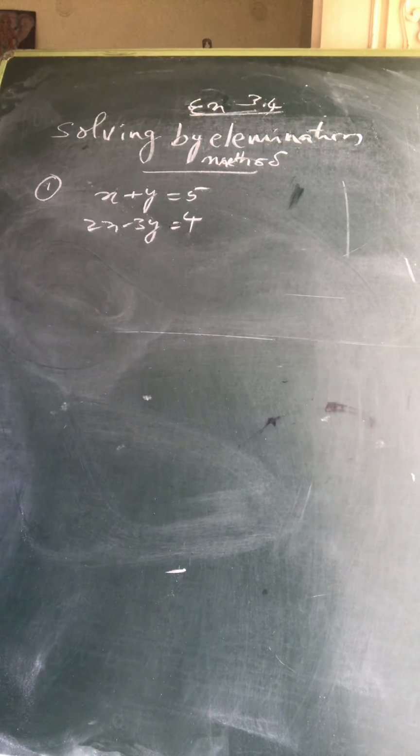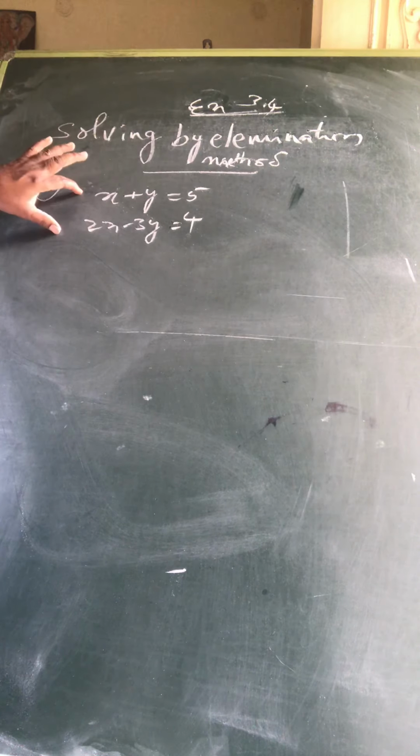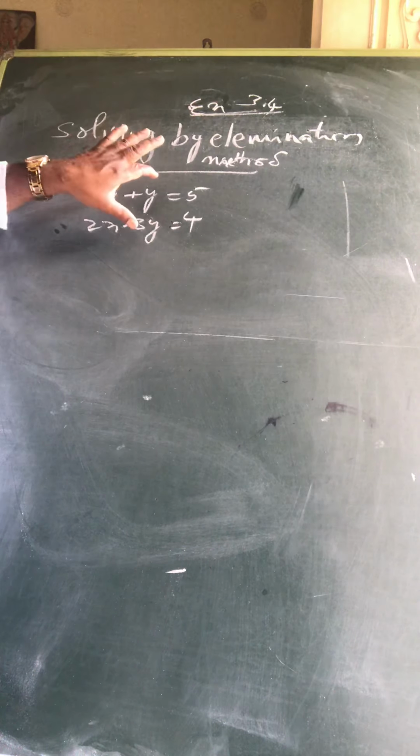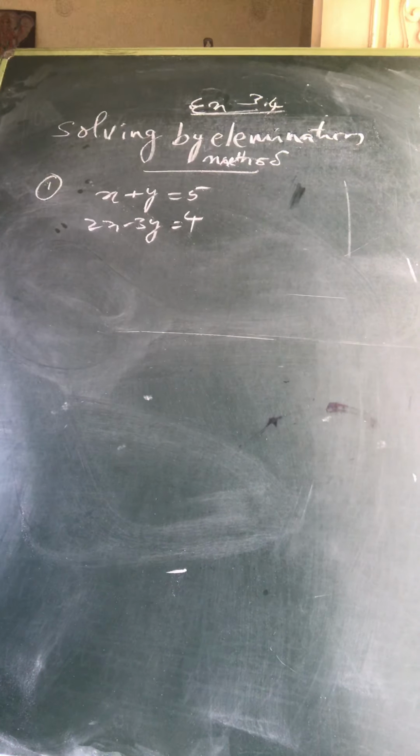Here the two equations you are seeing: one is x plus y is equal to 5, another one is 2x minus 3y is equal to 4. So here we have to eliminate either x or y according to our convenience.